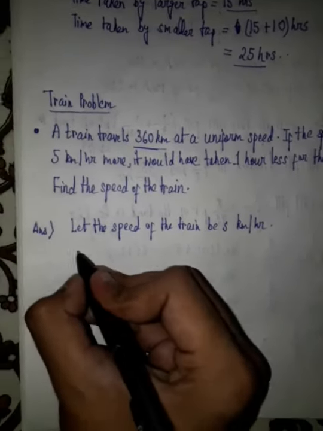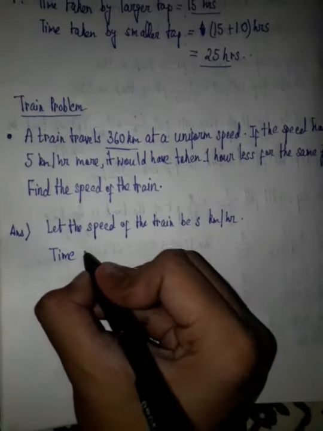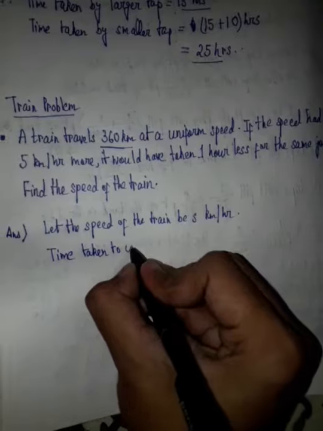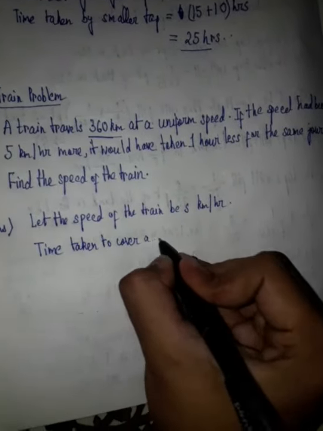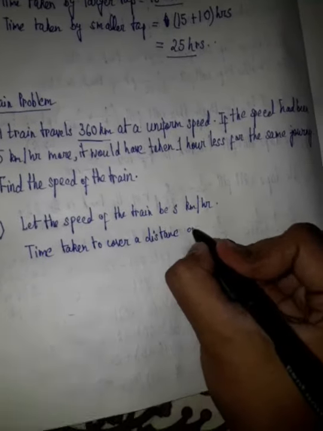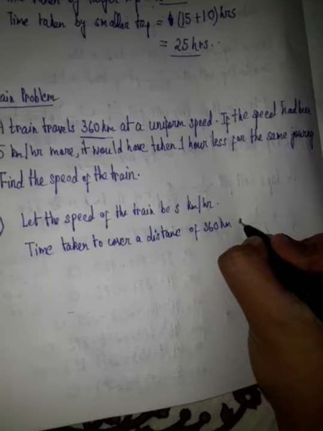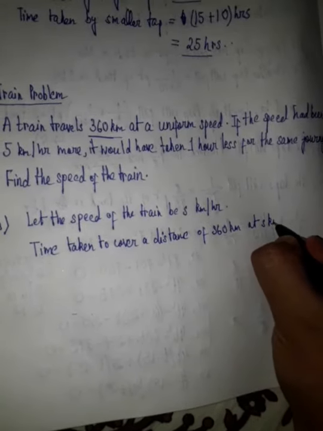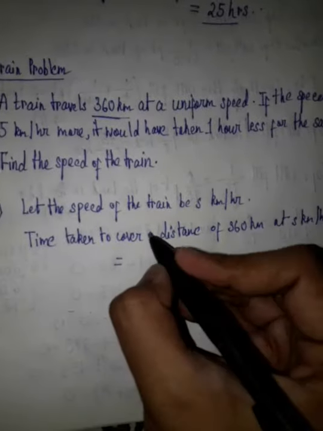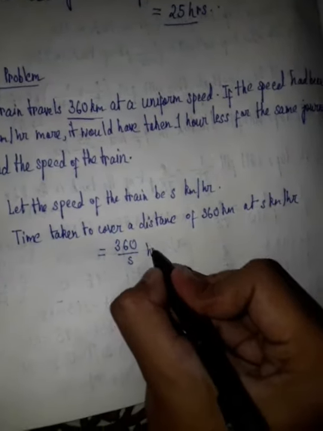Therefore, we know time equals distance by speed. Time taken to cover a distance of 360 kilometer at s kilometer per hour will be 360 by s hours.